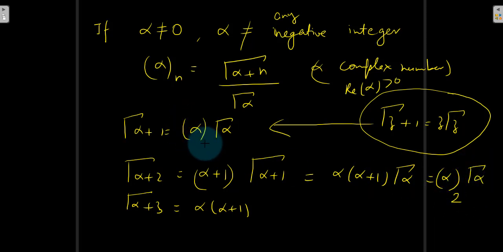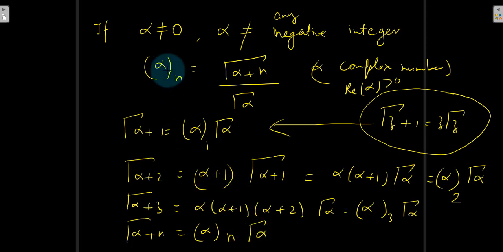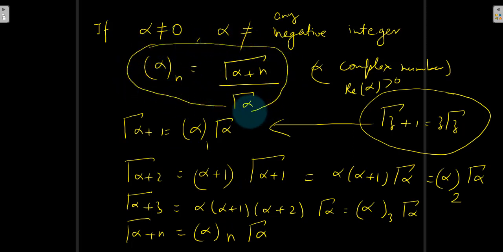This is nothing but factorial 1. So you will get this, which is nothing but factorial notation again. So gamma of alpha plus n, what would you get? You will simply get alpha factorial notation n times gamma alpha. And from here you have got this result, that alpha factorial notation n is gamma of alpha plus n divided by gamma alpha.